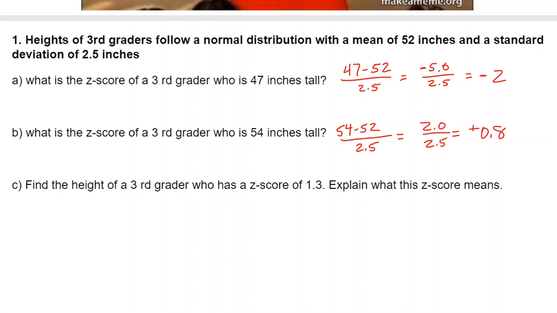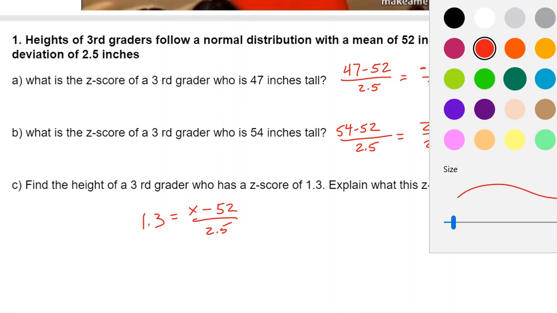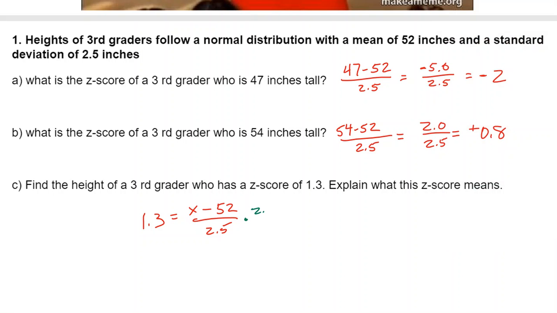And then here we have a z-score of 1.3. We don't know what the raw score is. We do know that the mean is 52 and the standard deviation is 2.5. Now, by the time that we multiply both sides by 2.5, these guys cancel.